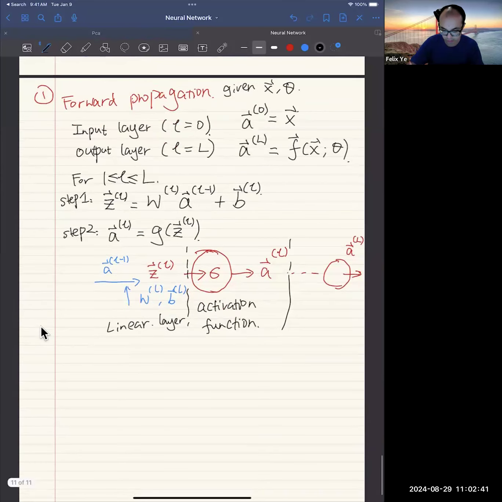All right, so once we get this output of the f, which is a function here, we need to calculate the loss. So the second part that we're interested in is the loss function.